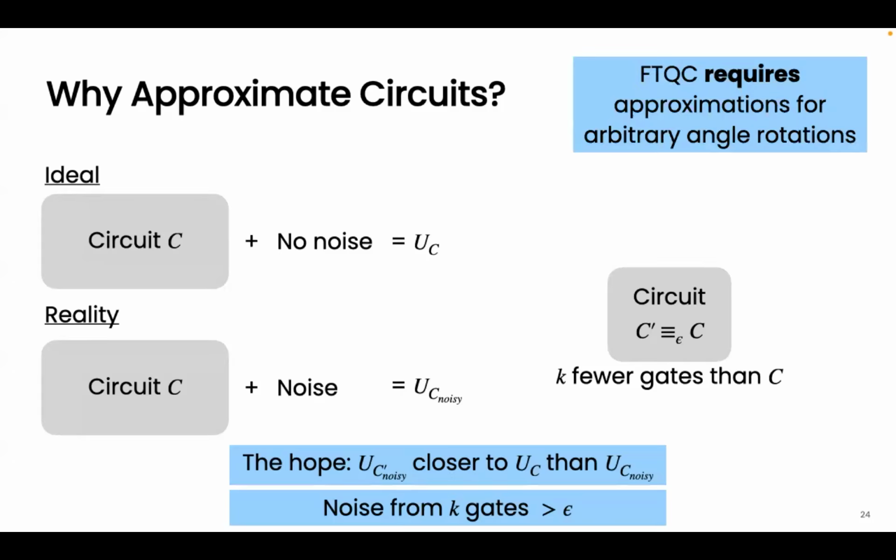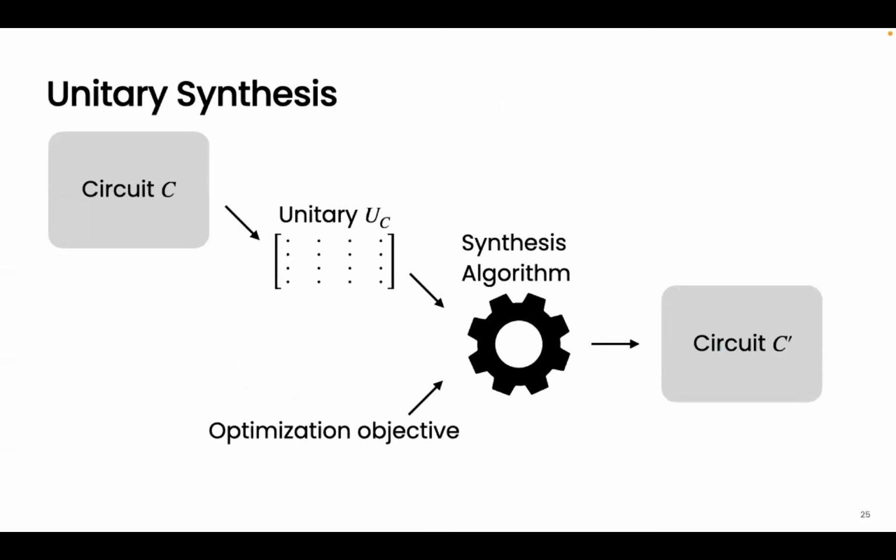And I want to point out that even if you don't care about this part, then in fault tolerant quantum computing, you need to approximate your circuit anyways because of reasons that we'll discuss later. But basically, you can't have arbitrary angle rotations. And so our unitary synthesis procedure just looks like this with this error epsilon parameter, and then the guarantee is that the output is epsilon equivalent.